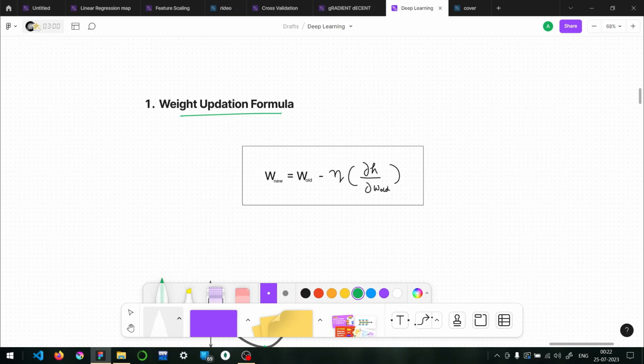So what does it say? W new is equal to W old. That means the new or the updated weights will be equal to the previous weights minus the learning rate into the partial derivative of loss with respect to its weight.